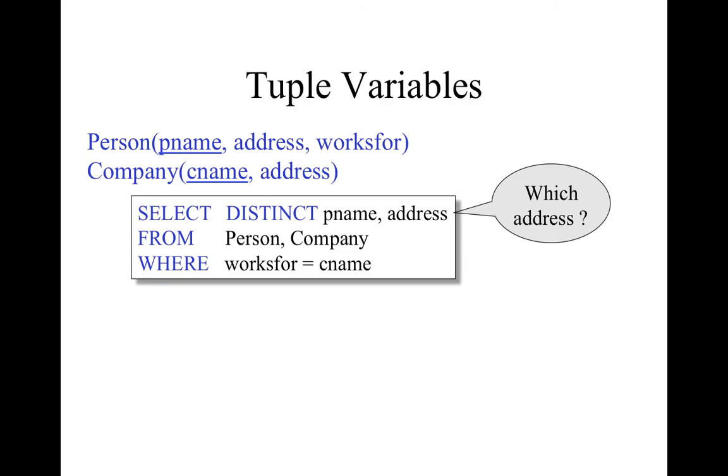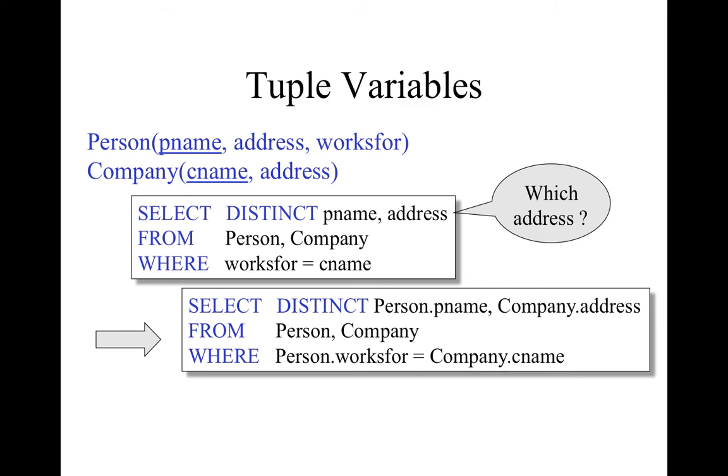When we get into some of the different variables, it becomes noticeable how to show different fields tied back together properly. So if we've got an address field in person as well as an address field in company, how are we going to properly show the select distinct? Which address are we looking for?